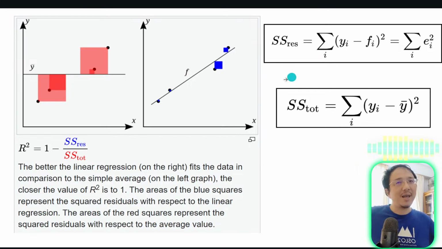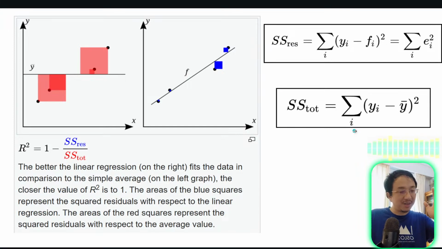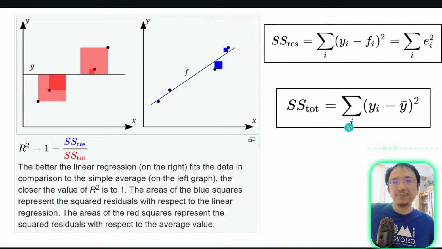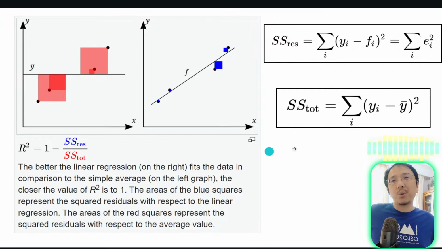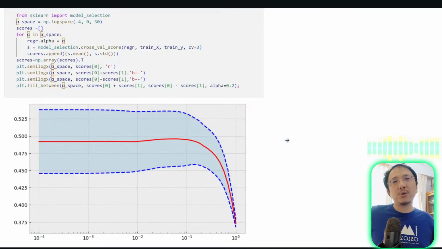You are worse than just outputting a constant, even the best constant available, where you only output a constant number. So that's the R², which is used by default when we do the cross validation for linear regression.